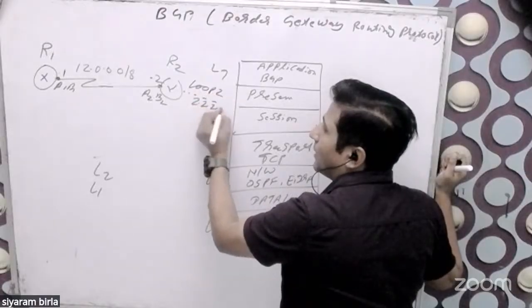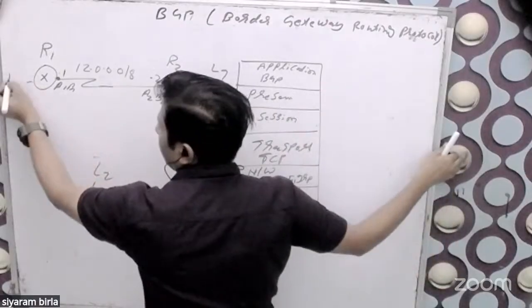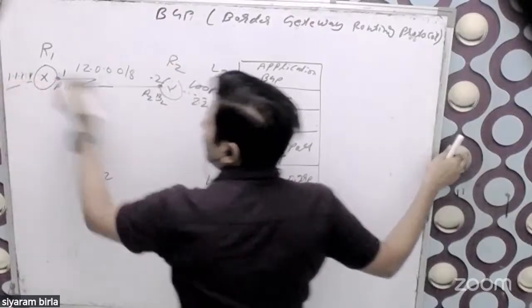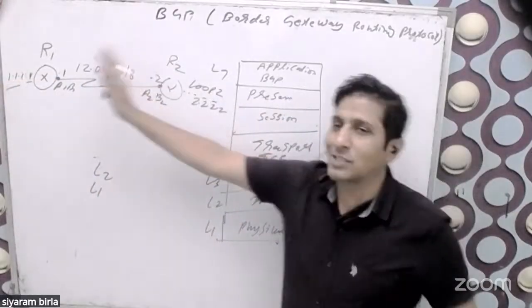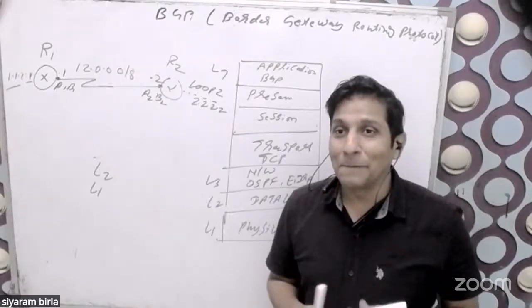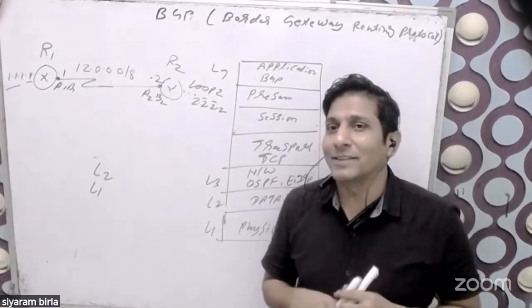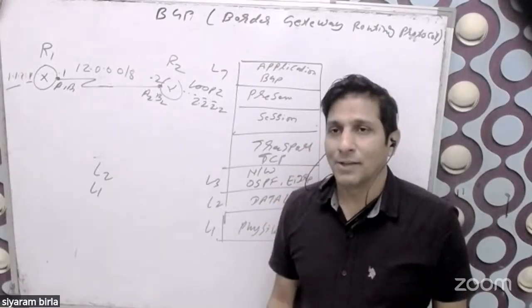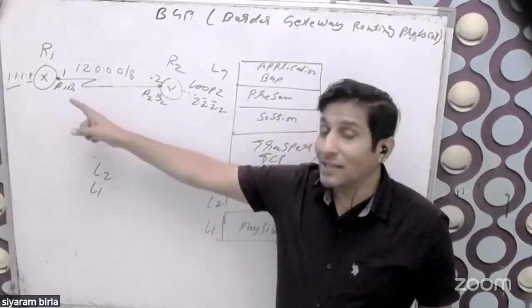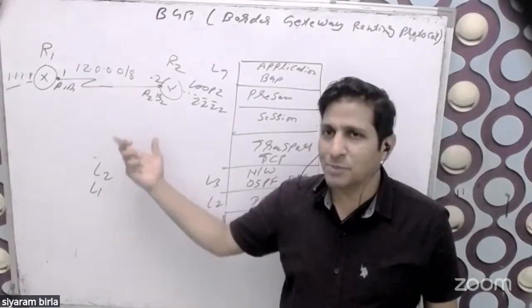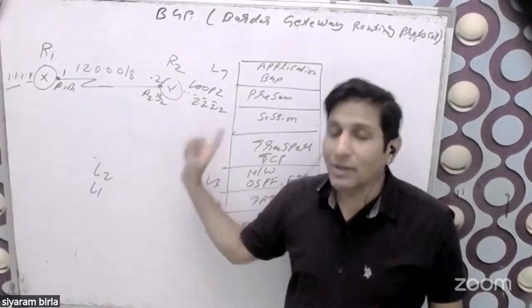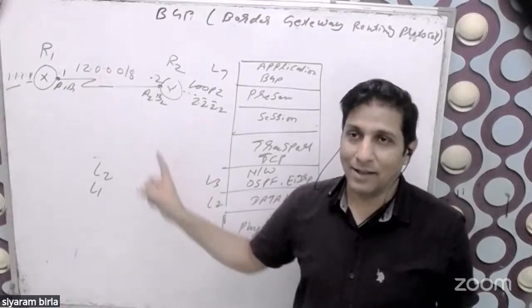Suppose this is a loopback and this is a loopback, and I want to ping the loopback from one router to the other. Without routing, they cannot ping, so I need to run a static route, EIGRP, OSPF, or any protocol. After that, they can ping.